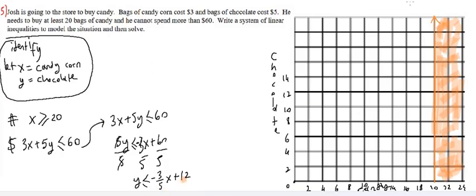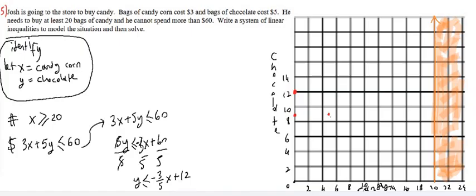Now, the second inequality is y less than or equal to negative 3/5 x plus 12, so 12 is the y-intercept. The slope is negative 3/5, which means 3 down, 5 right. 3 down from 12 is 9. Be careful with the scaling. And 5 right is 5.